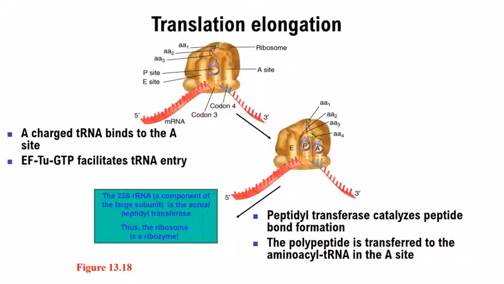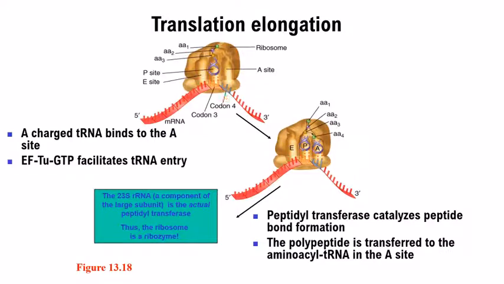Establishment of peptide bond takes place. So the whole polypeptide chain, or even if there is a single amino acid at this location, this is transferred to the amino acid, or this is linked to the amino acid that is present at the tRNA present on the A site of the ribosome.